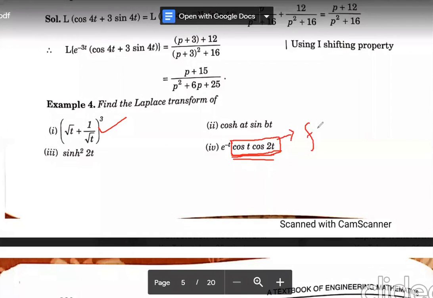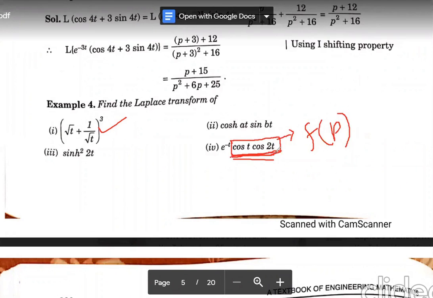Say that is your f of p, and then use the first shifting property, that is e to the power minus at into f(t) is equal to F of p plus a. So here a is equal to 1. So F of p plus 1.